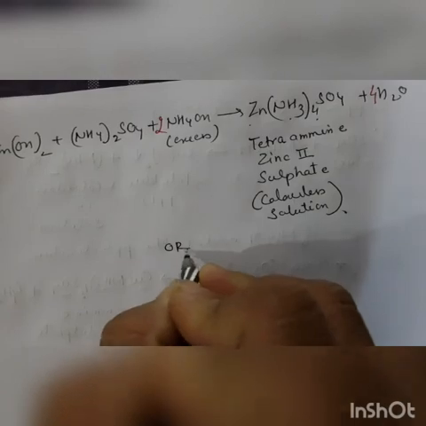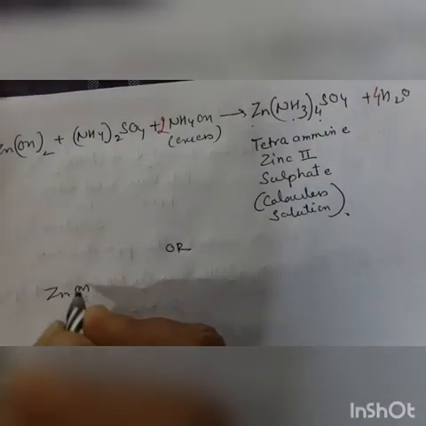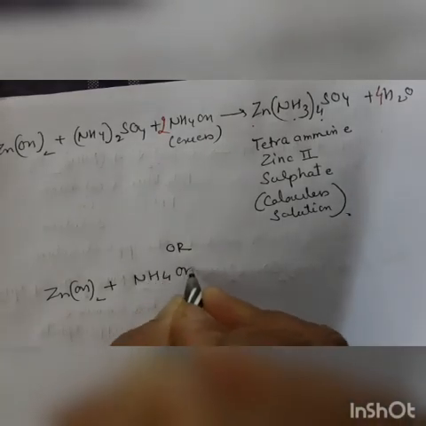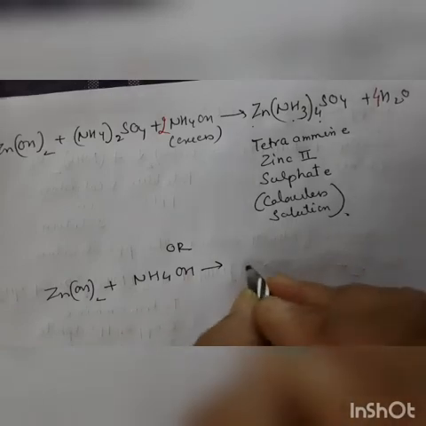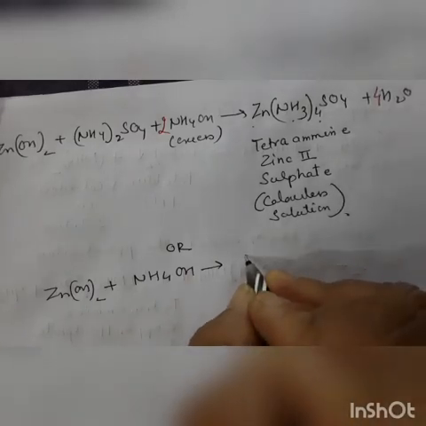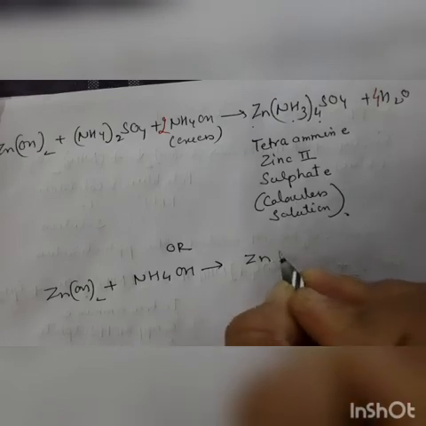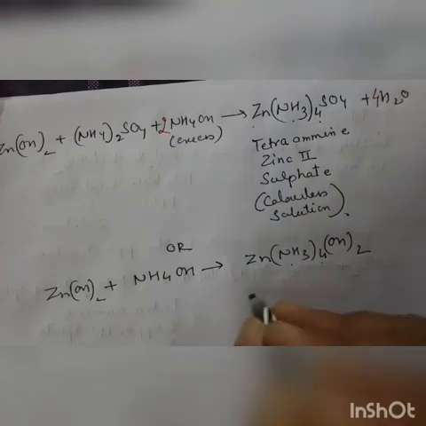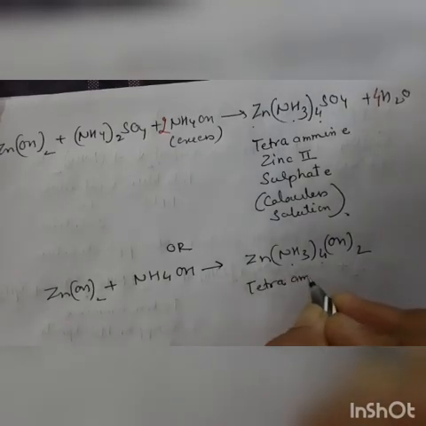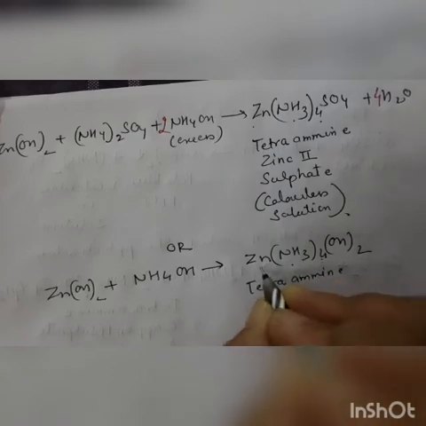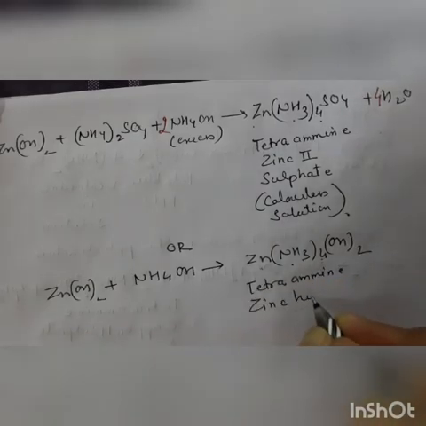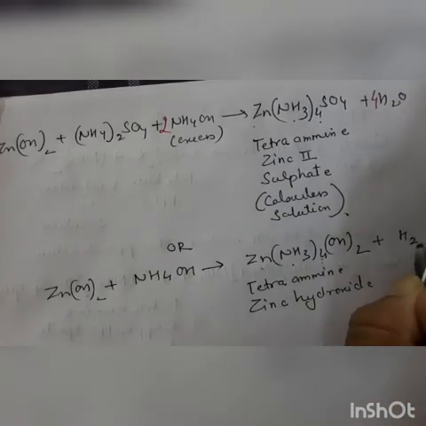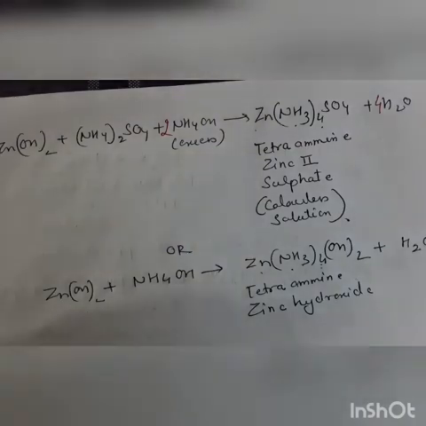Or we can write it like this: zinc hydroxide, and we will add excess of ammonium hydroxide. Then it will result in tetraamine zinc hydroxide. In addition to it, water is formed. Now we will balance the equation.